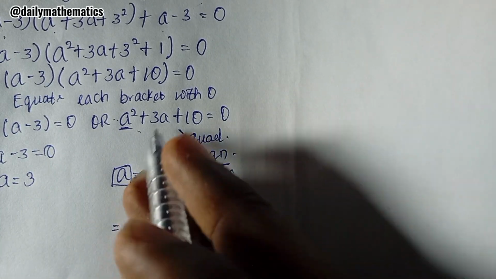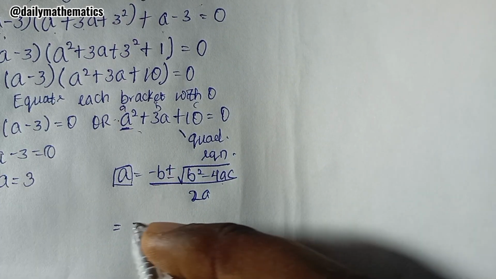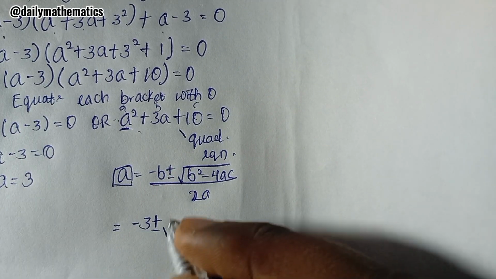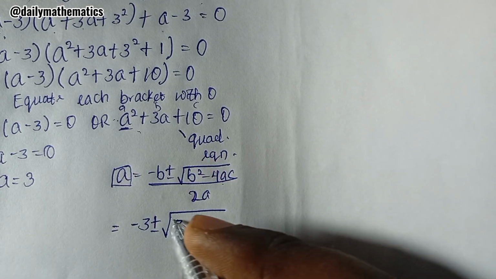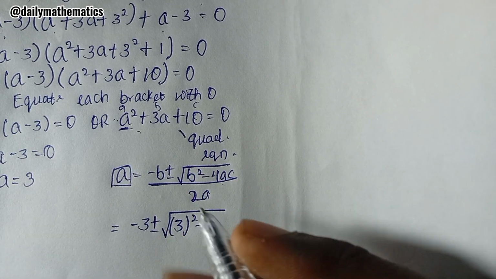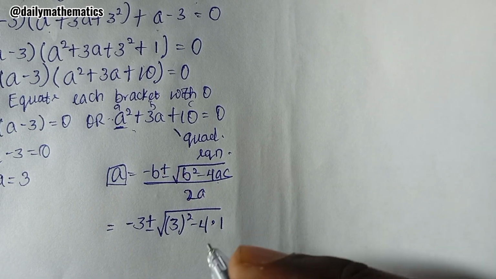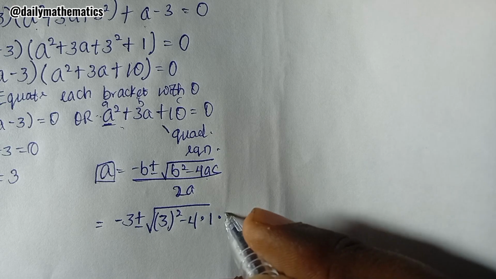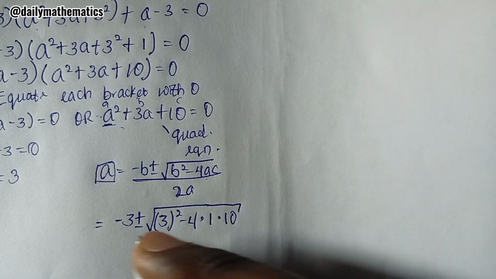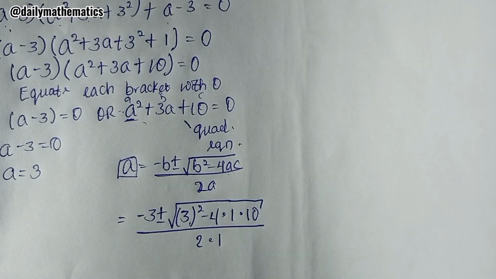Where's minus b? This is a, b, and c. So minus b is minus 3 plus or minus square root. Where's b squared? That will be 3 squared. Then we have minus 4 times a, which is 1, the coefficient of a squared, and then c, which is the constant, is 10. Then we have over 2a, which is 2 times 1, right?